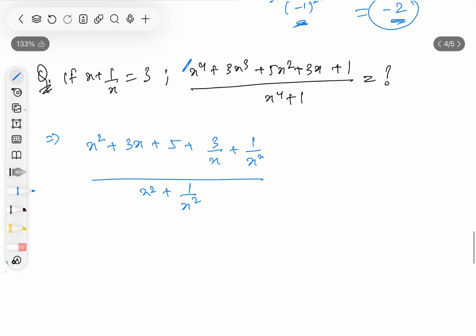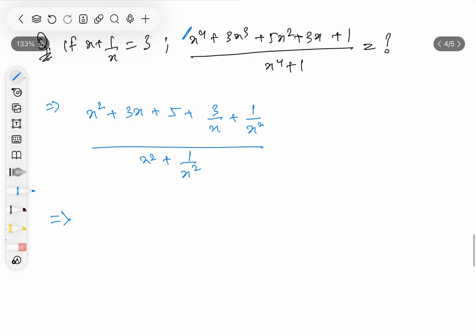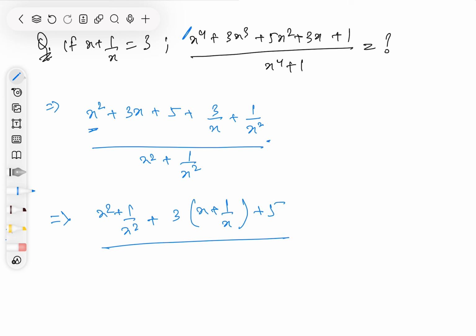It would look like this. Now have a look. I can take this and this common, not common, but you get my idea. Then this will be x plus 1 by x plus 5 upon x squared plus 1 by x squared.